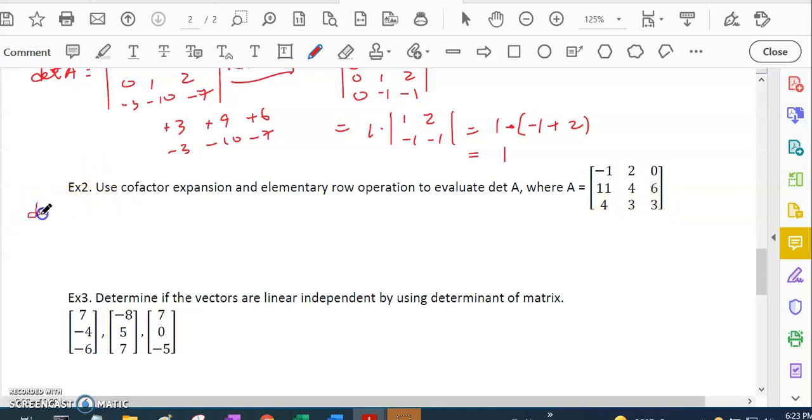So I would say determinant of A would equal to -1, 2, 0, 11, 4, 6. Just copy it over first. And this is the one that I want to get rid of, right? So I would say -2 of row 3.